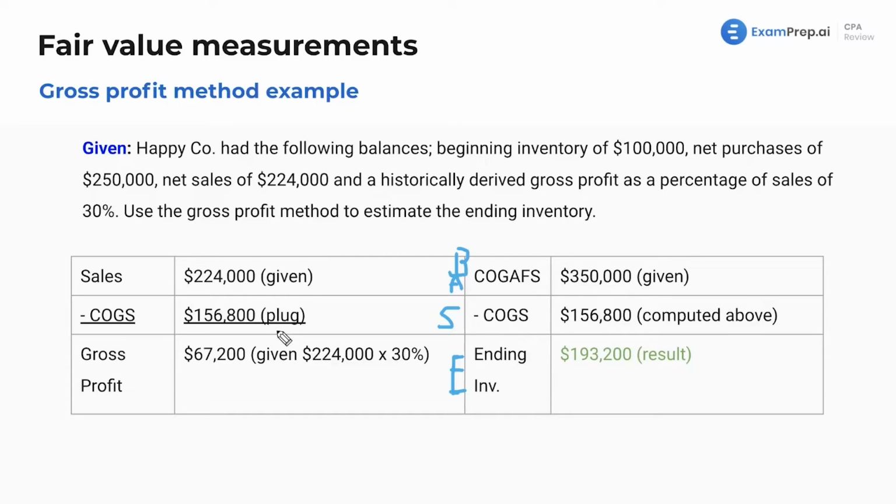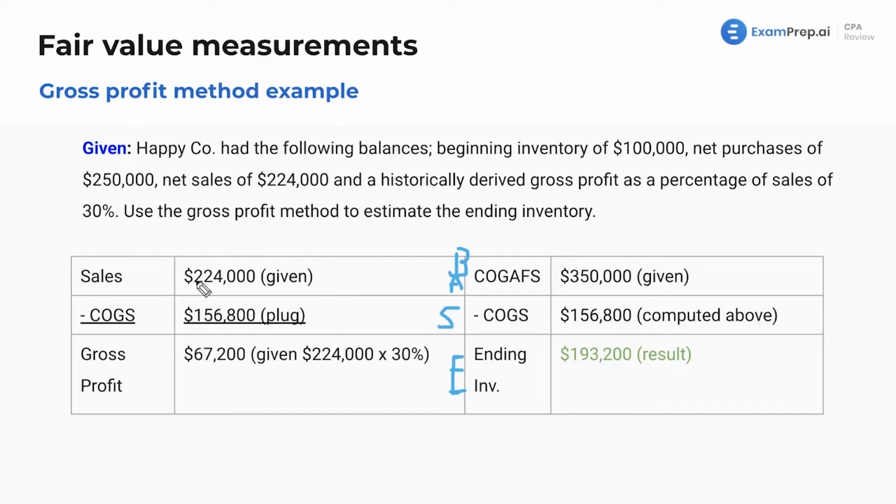We're trying to calculate cost of goods sold. Well, okay, if we sold 224 and we have gross profit, right? Gross profit is essentially the end amount, right? How much did we make from all of this? We plug to find cost of goods sold. So 30% is gross profit. So 30% of 224 is how much money we got after our costs, right?